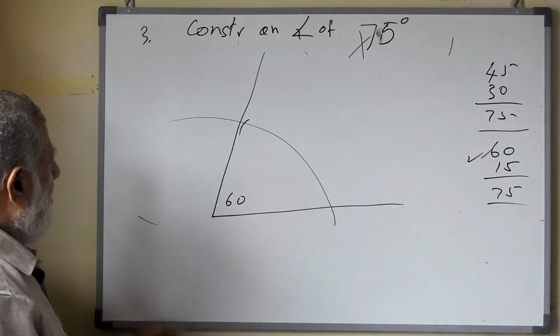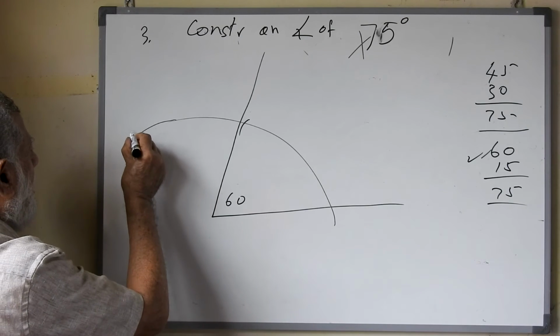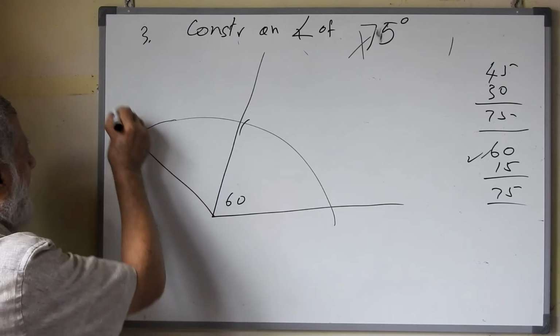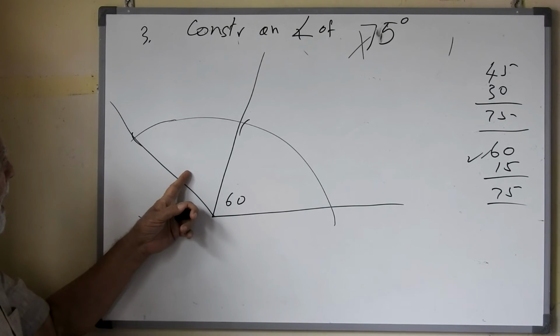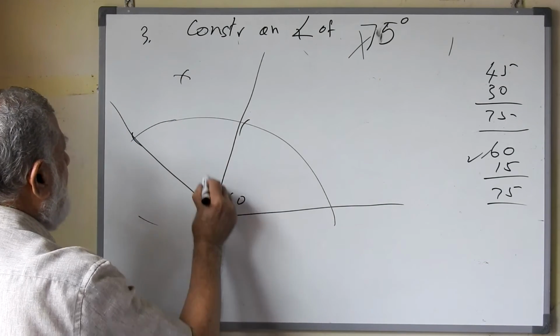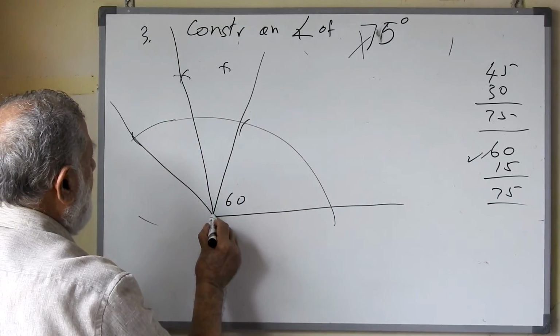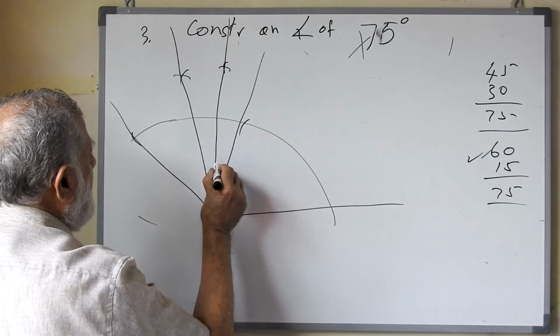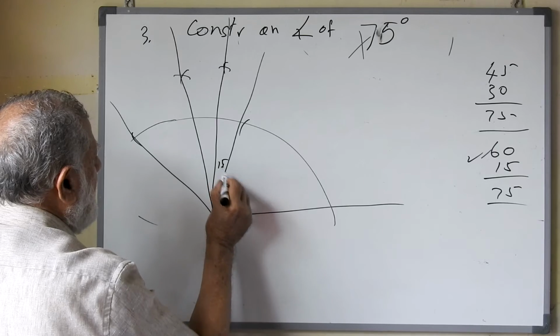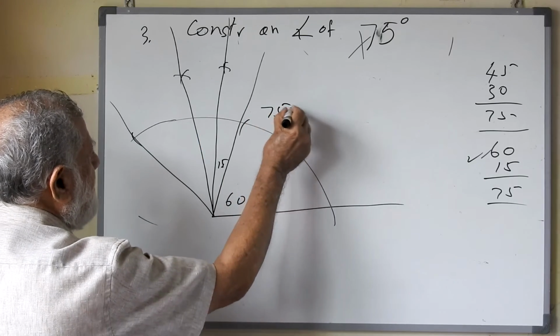We studied how to draw another 60 degrees, we cut off here. Then you get another 60 degrees there. If you bisect this 60 degrees, you will get 30 degrees here. And if you bisect 30 degrees, you will get 15 degrees here. So this is 15, this is 60. So this whole angle is 75 degrees.